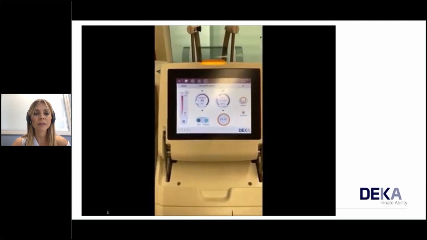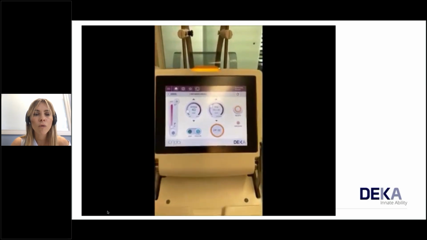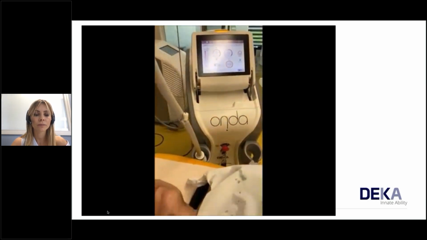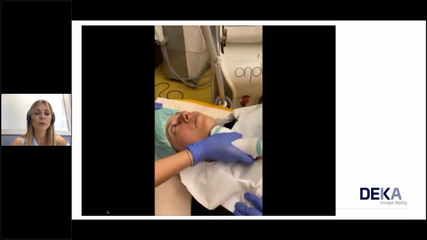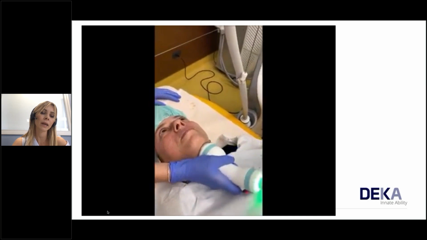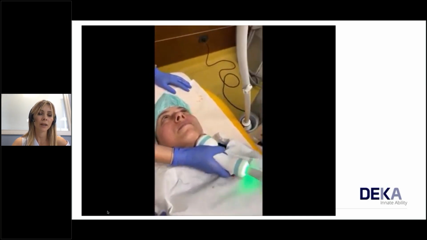These are the parameters that we have used. So 40 watts and 50,000 joule. So we continue to perform the treatment until we have completely delivered the dose.